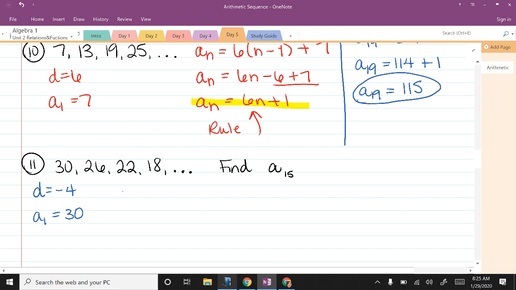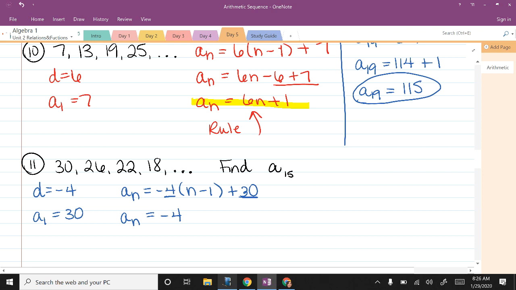So A sub n equals D. What's my D? -4 parentheses n minus 1. That part's always going to be right there. Plus my A1 is 30. So all I plugged in is D and A1. Y'all okay with that? All right, now we simplify, right? So copy your A sub n. And what's -4 times n? -4n.